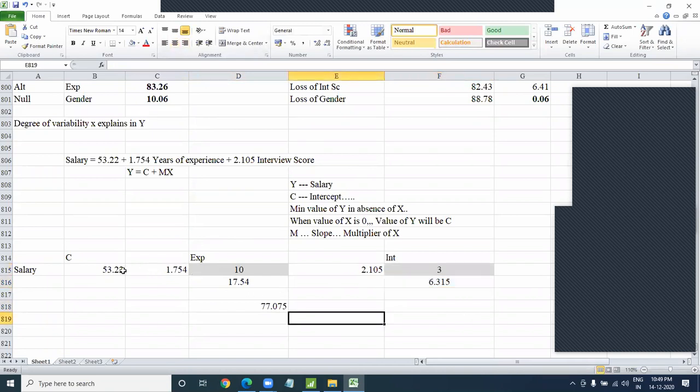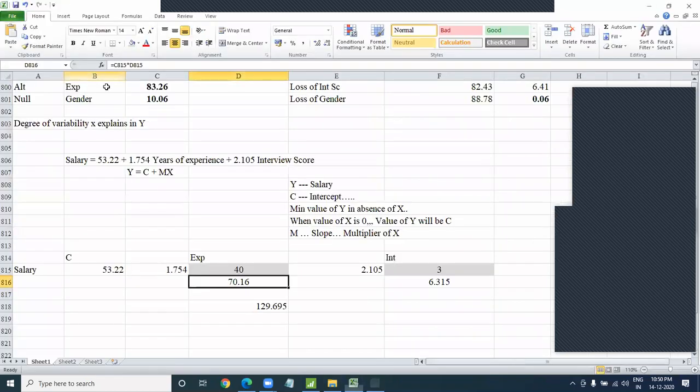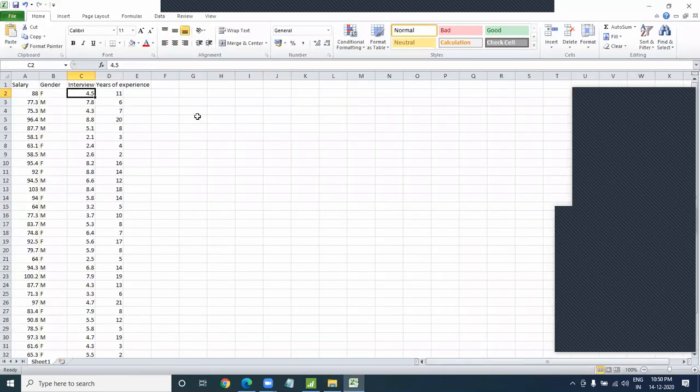One basic fundamental rule: this calculator will only be effective as long as you are working within the ranges. You can't say, let me do this for somebody with 40 years of experience. Sorry, did your data have 40 years in it? When you did this regression calculation, you never had that experience. Let's see the maximum out of this.